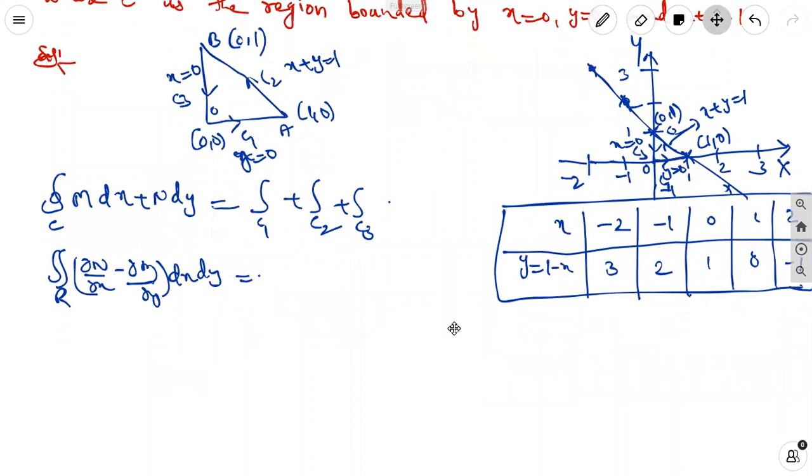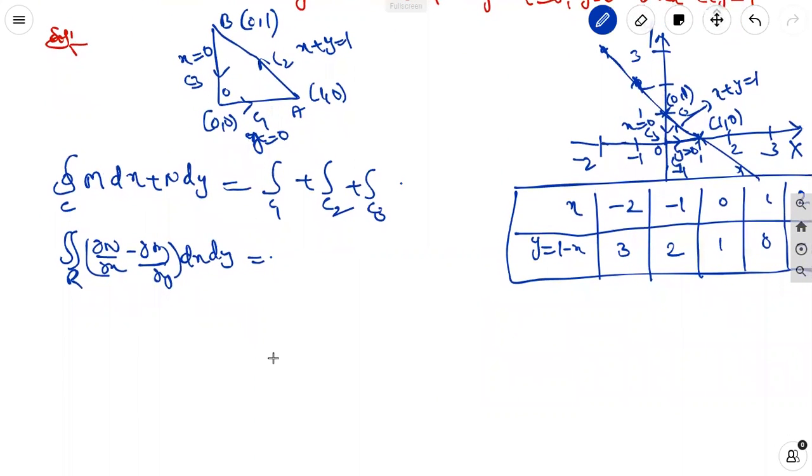Now, from this, what have they given? They have given the integral over C of 3x square minus 8y square into dx plus 4y minus 6xy into dy.